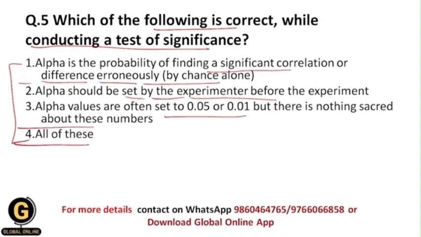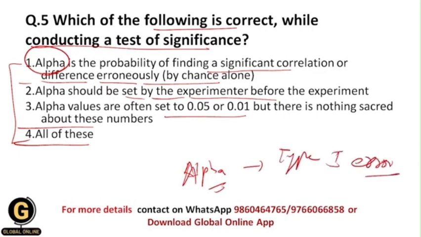So basically students, what does test of significance mean? Test of significance is nothing but testing your null hypothesis by using statistical methods in the whole research process. And what is exactly this alpha? As we have seen earlier in this video, type 1 error occurs whenever we are testing the null hypothesis.